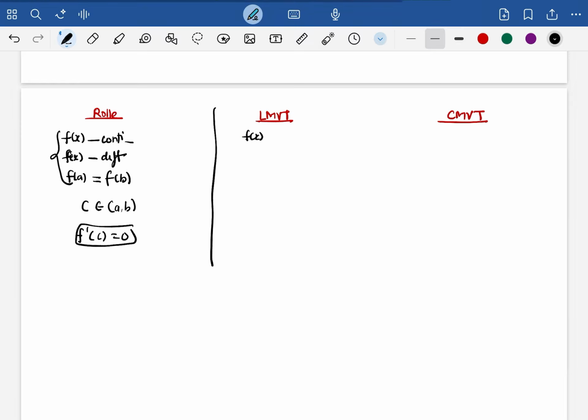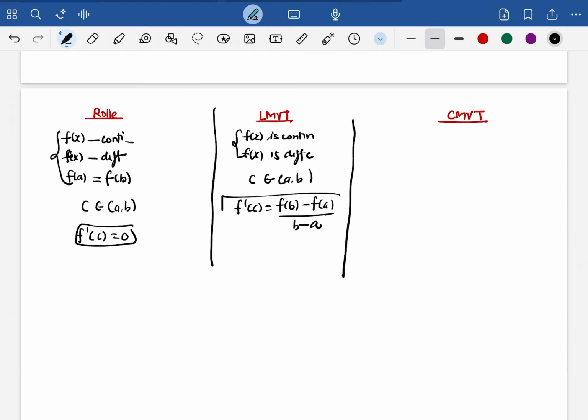Okay, let us talk about Lagrange's mean value theorem. Here f(x) should be continuous and f(x) should be differentiable, only these two conditions are needed, and c in the range of a to b, then f dash c is given as f of b minus f of a divided by b minus a.